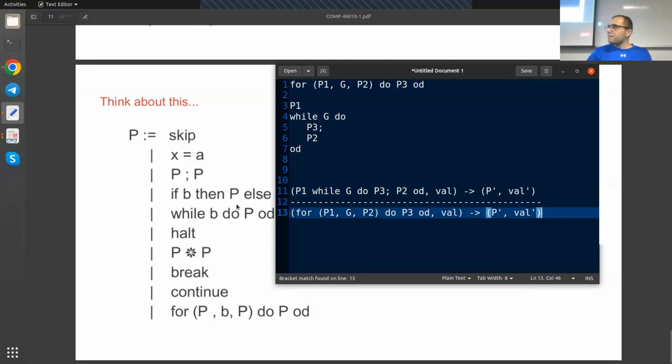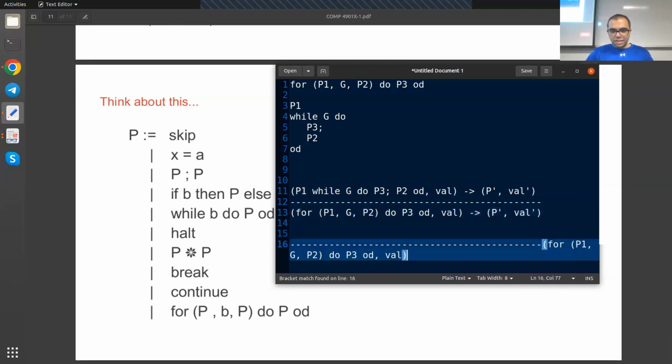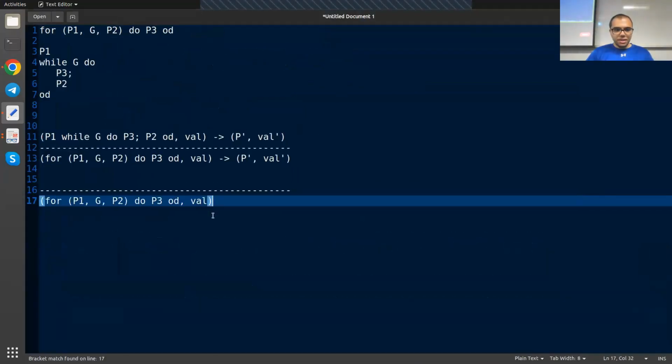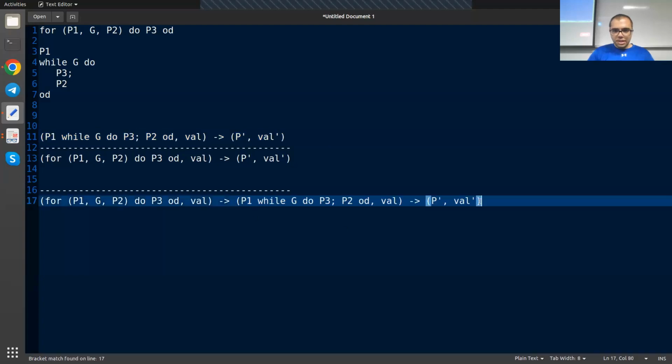Yes, we can have that too. That's also fine. So I can just say that I have a rule that takes this program with the state val, and in one step, it just gives me this other program with the same state.